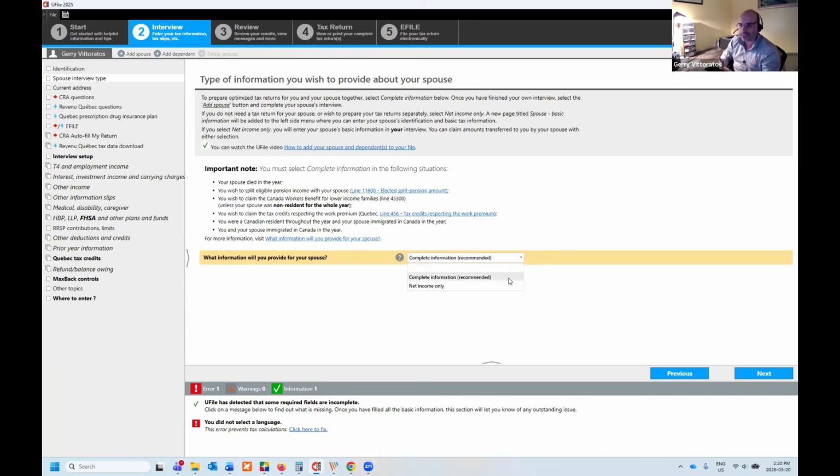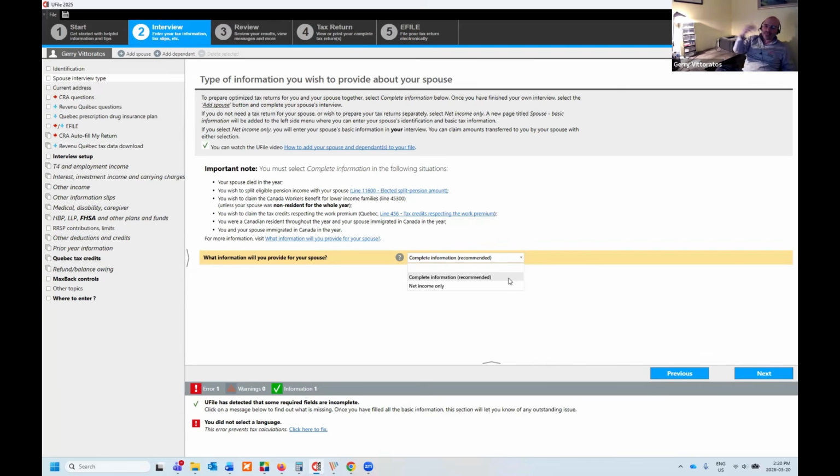The reason we recommend it is because there are certain amounts that in the Income Tax Act are permissible to transfer between spouses. For example, pension income splitting. I can split up to 50% of my eligible pension income and send it to my spouse's return. Medical expenses is another that either spouse can claim on behalf of the other.